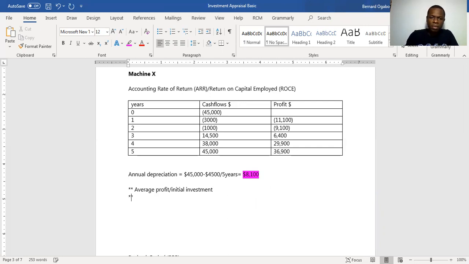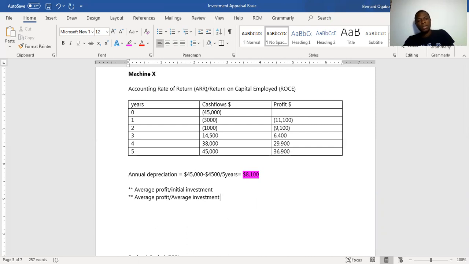And the second formula, that will be multiplied by 100% anyway. And the second formula is average profit all over average investment.